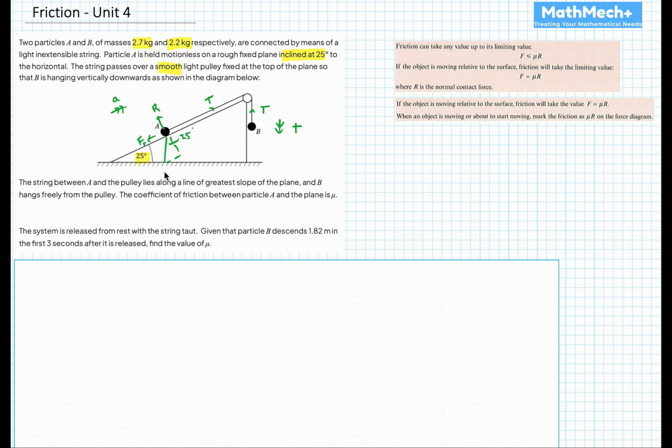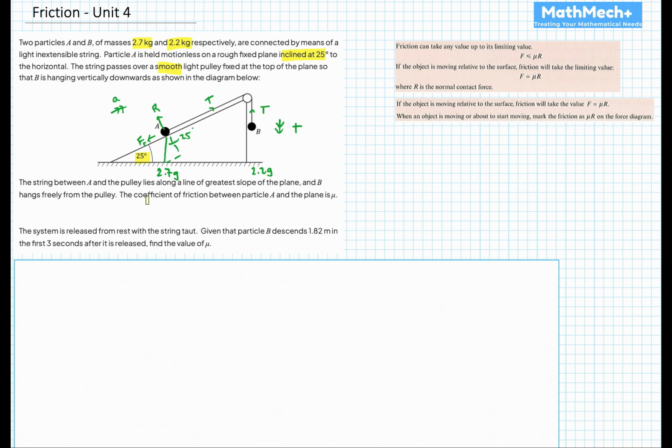I'm going to say it's positive direction going down. And we have a mass of 2.7 G and 2.2 G. You could change that to 27 and 22 immediately if you wish. Okay, the system is released from rest. The coefficient of friction.